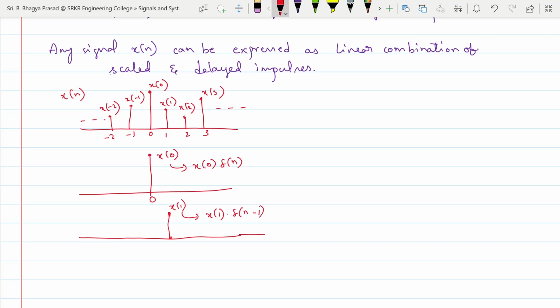With the help of an impulse we have to represent that particular value. Already we defined that x of n can be expressed as a combination of scaled and delayed impulses. An impulse has strength 1 in the general case, but we are scaling that impulse with its shifted version; n minus 1 is the delayed impulse, and when you multiply with x1, it is scaled. So the value x1 is represented by using x1 and del n minus 1.